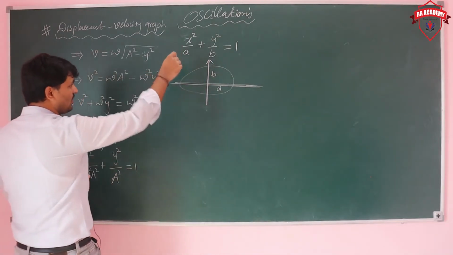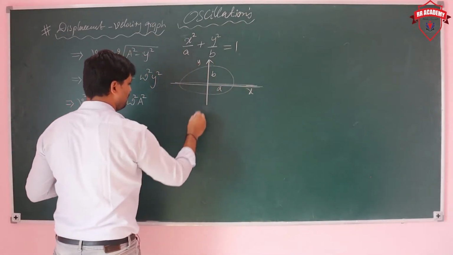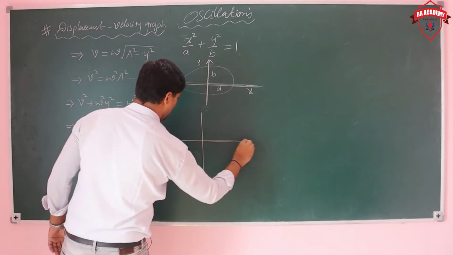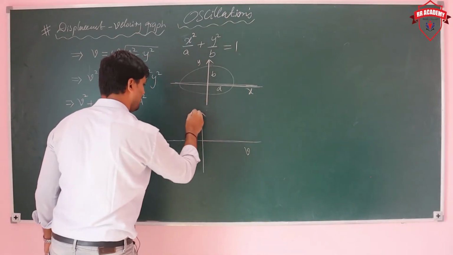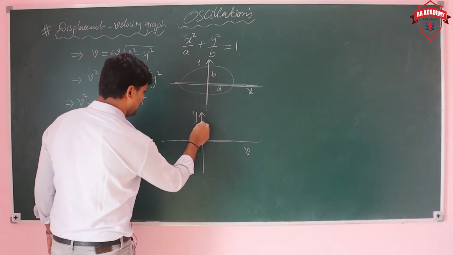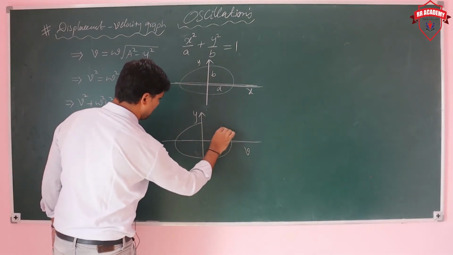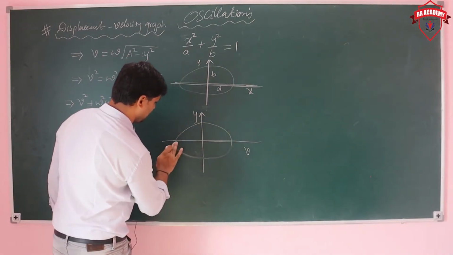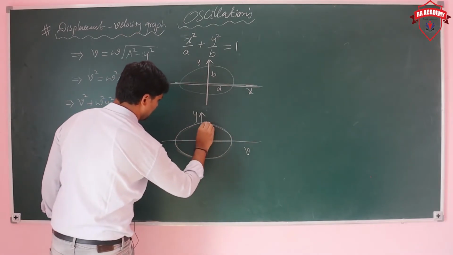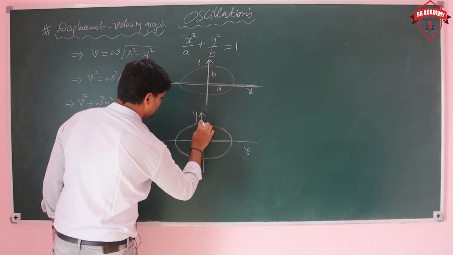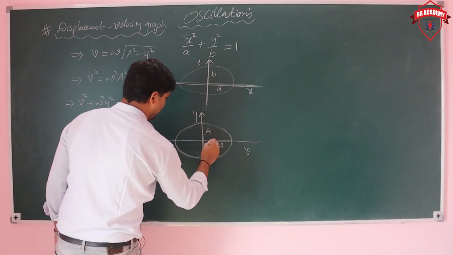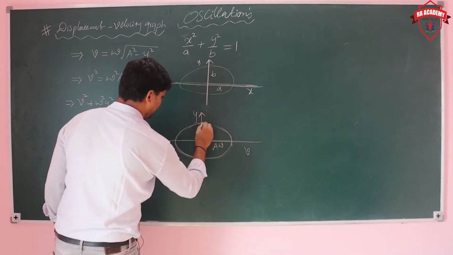See here, instead of x we have v, so take v on the x-axis, and y on the y-axis. The graph is getting like an ellipse. This value is a omega and this value is a.